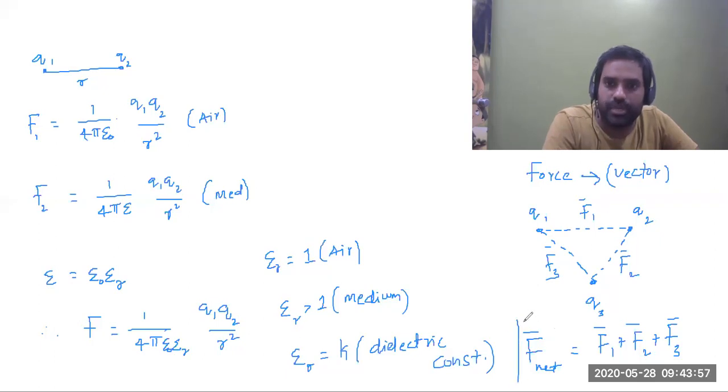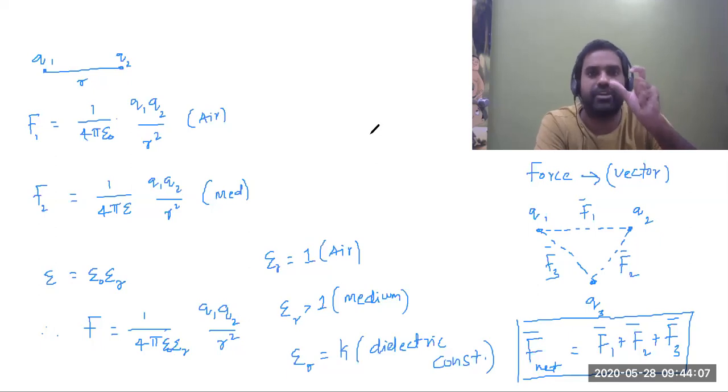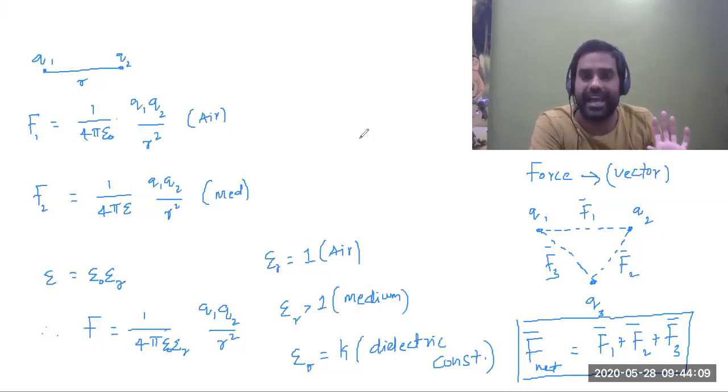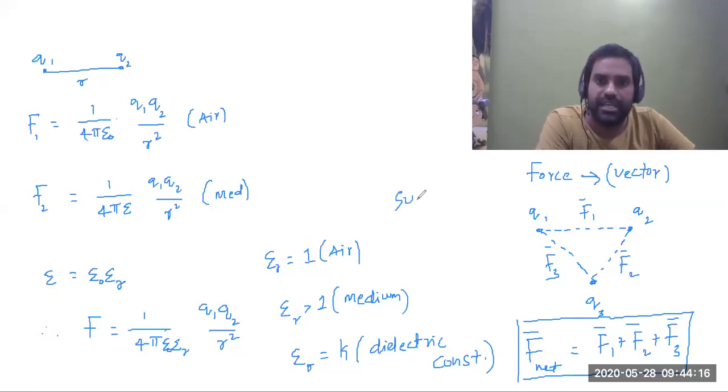This is the net force between three charges. Coulomb's law is always applied between two charges at a time. For multiple charges, we generalize the same formula by using the superposition principle.